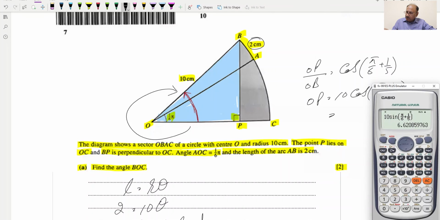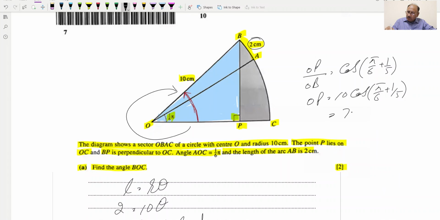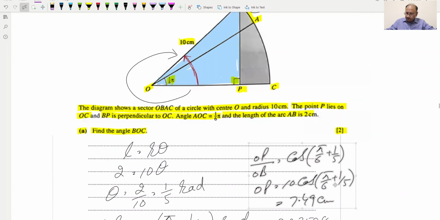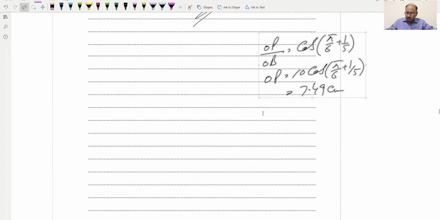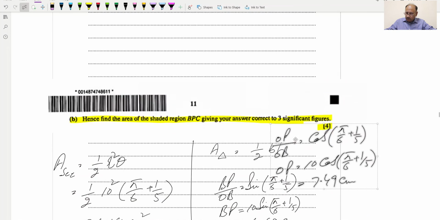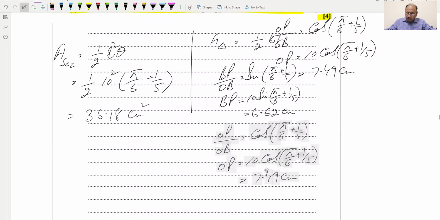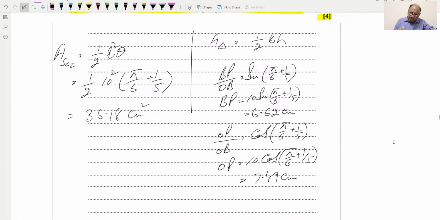We just need to change sine to cos, and this will be our value 7.49 centimeters. We can shift this to the required place, and this one will be our base also.